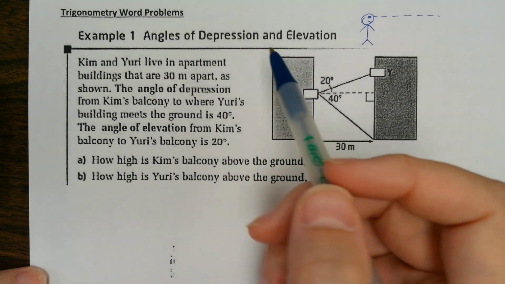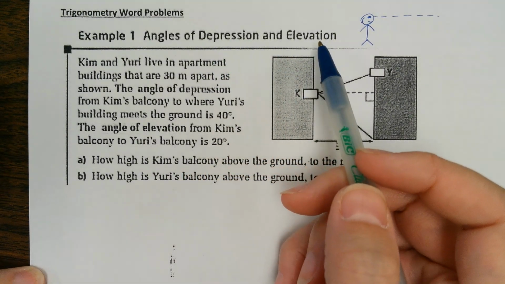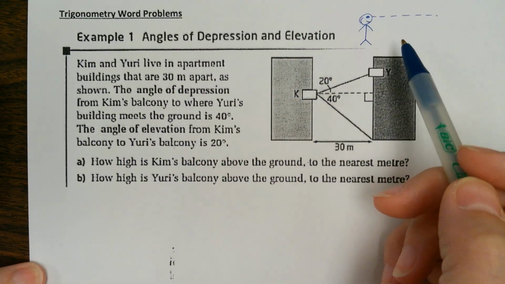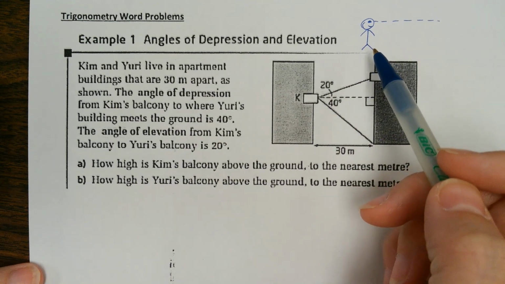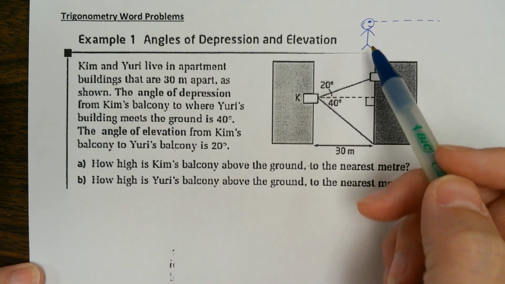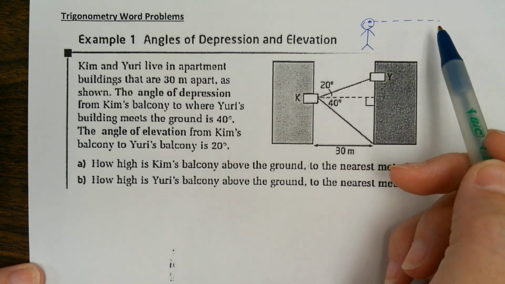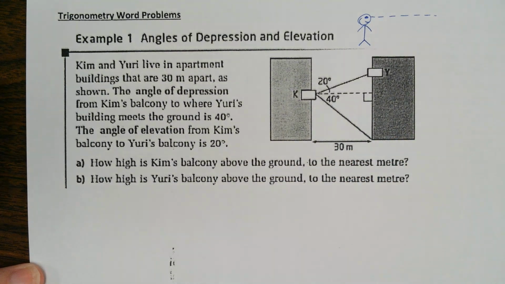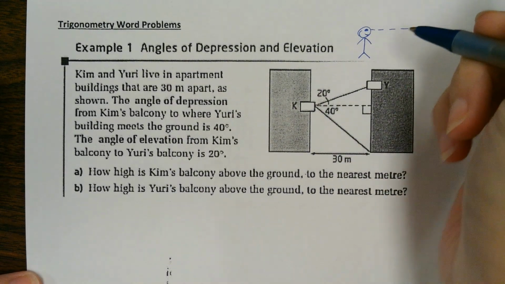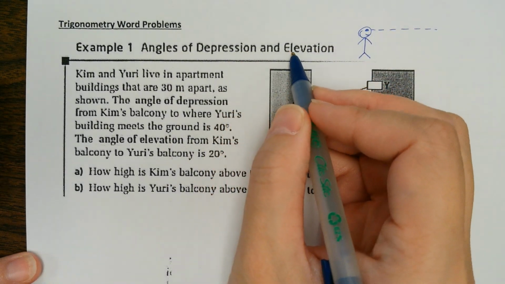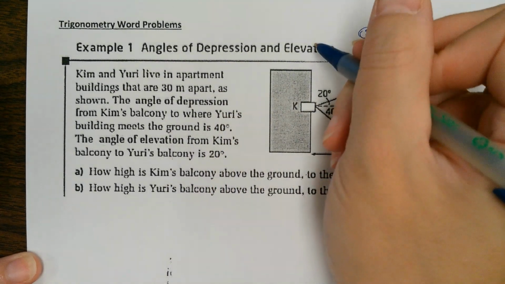Today we're going to talk about angle of depression and angle of elevation. So right here, I have my beautiful stick man. Most importantly is the eyes. When you look at somebody, you look at somebody eye level. And so when we talk about angle of elevation, what does elevation mean?